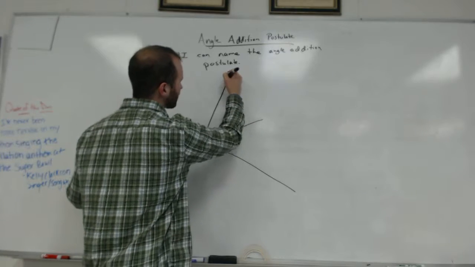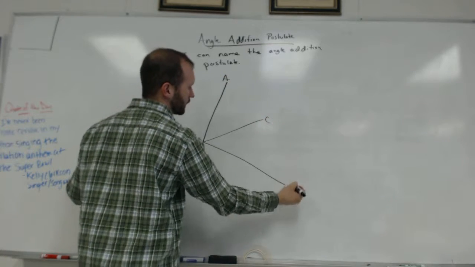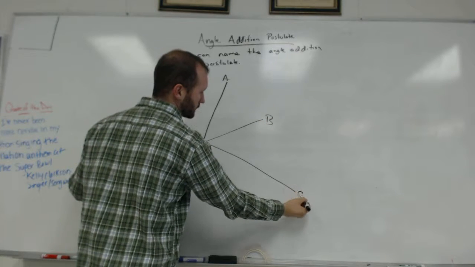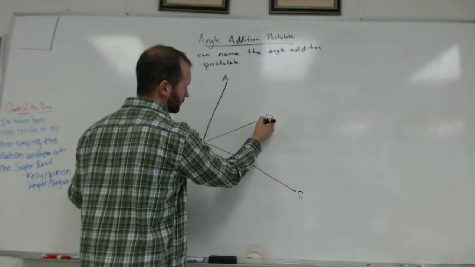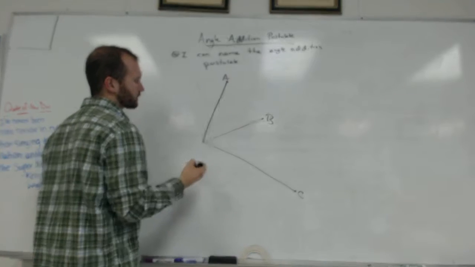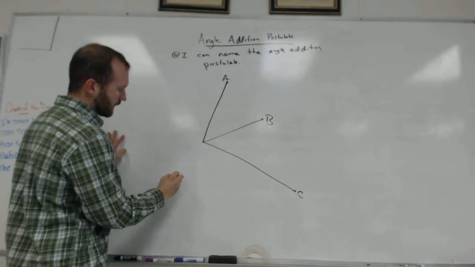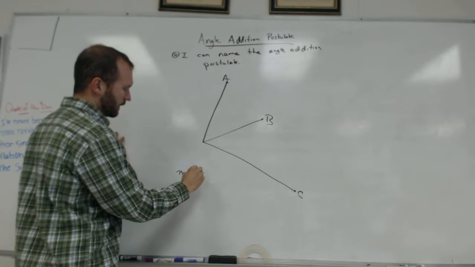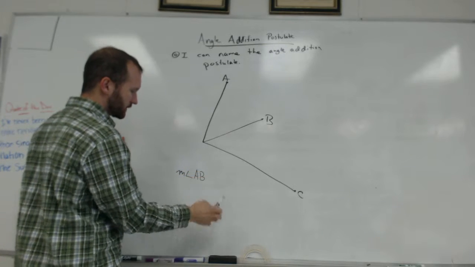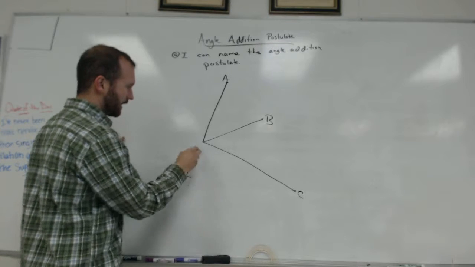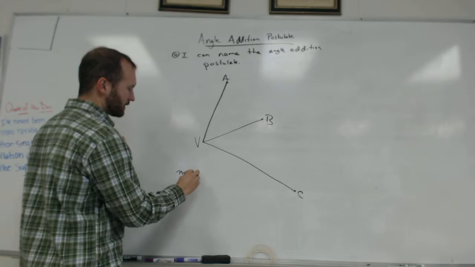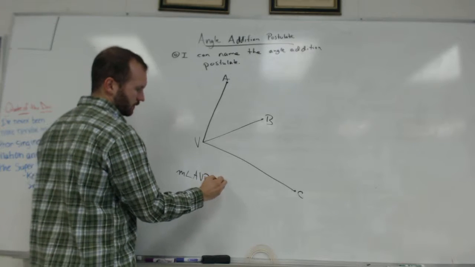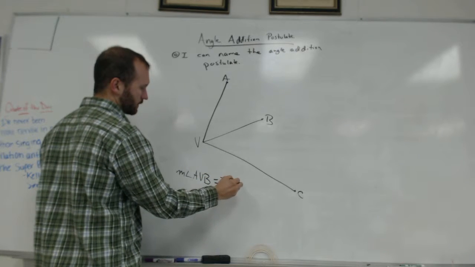If I have something like this, A, B, C, let's say I know the measure of angle AVB equals 35 degrees.